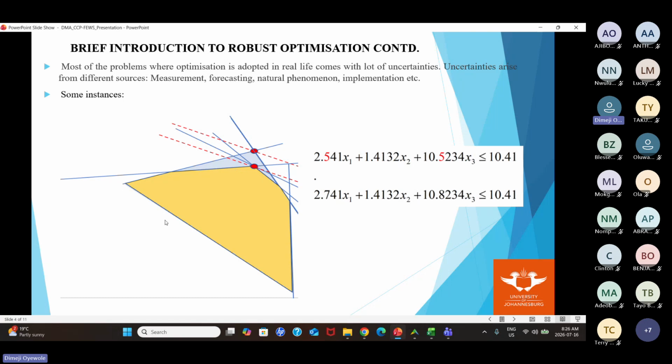It's no longer optimal. So just a small change has changed the whole solution.